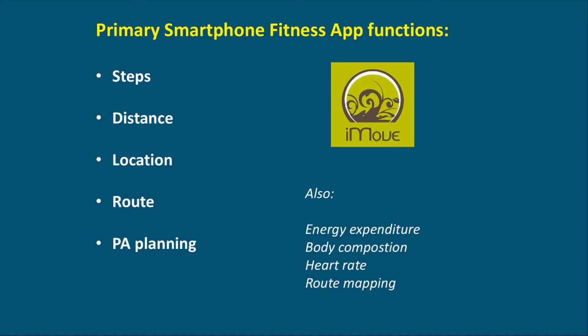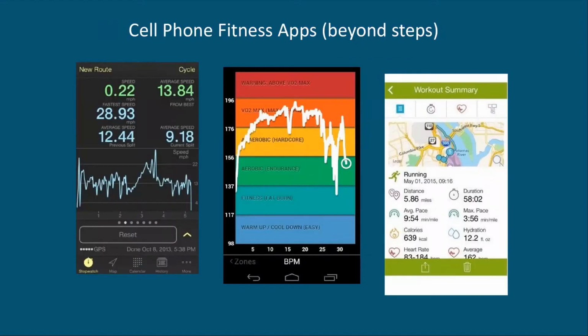If you look at what these chips in smartphones use: steps, distance, location, route, and route planning, energy expenditure, which is prediction, body composition, which is a real prediction, heart rate, route mapping, and as you already saw, oxygen sensing and EKG. So it's really the steps. You can spend $500 or $600, but you shouldn't have much variation in the reliability of the device to measure steps or foot strikes in this case.